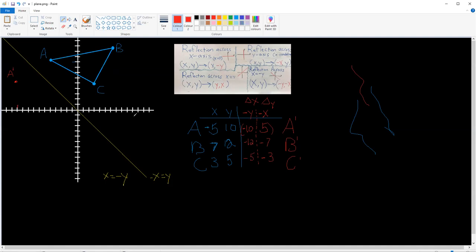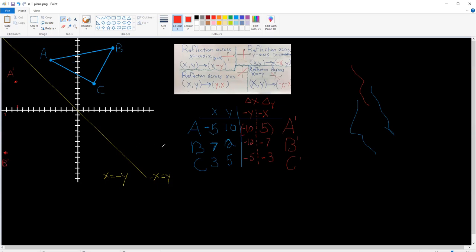Let's do B prime. Hope I got enough room on the board for this. Okay, so B prime is negative 12, negative 7. It's going to be right at the cusp. 1, 2, 3, 4, 5, 6, 7, straight over. It's going to be right here ish. That's B prime.